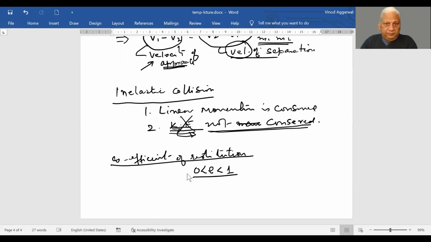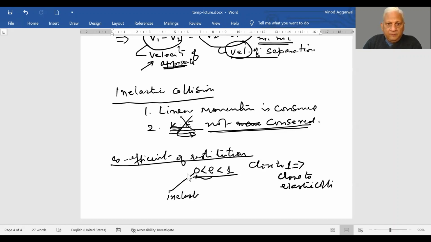What it means is, as E approaches 1, the collision comes close to elastic collision. And if it approaches 0, it means it is approaching inelastic collision. Okay.